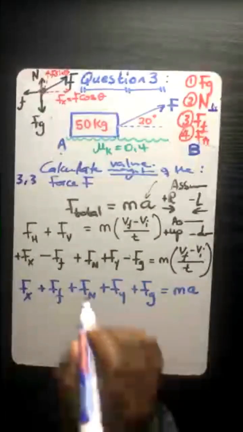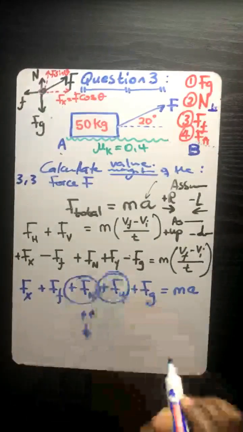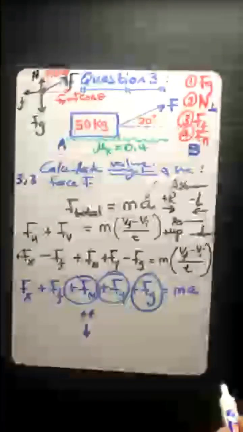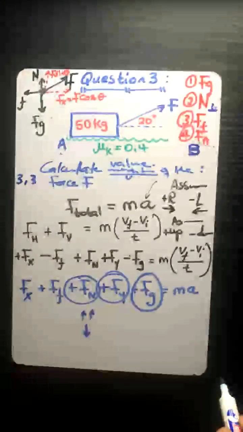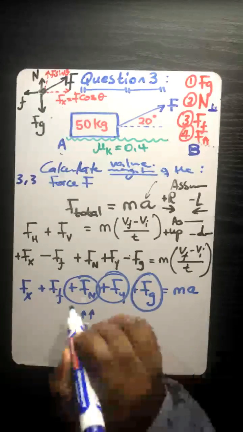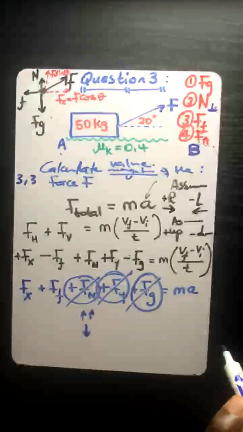So these two forces going up cancel each other out with all the forces going down. In this case, we only have one force going down. So that is why this force and that force cancel each other out.